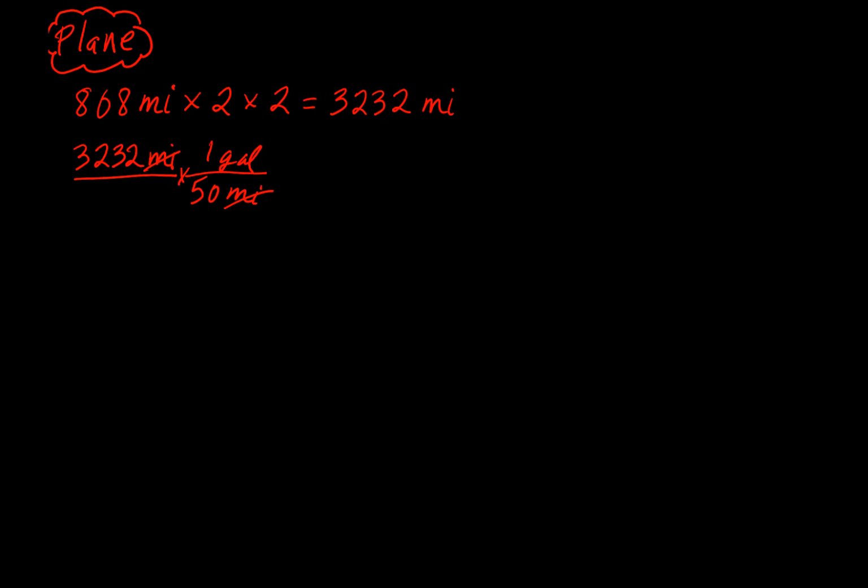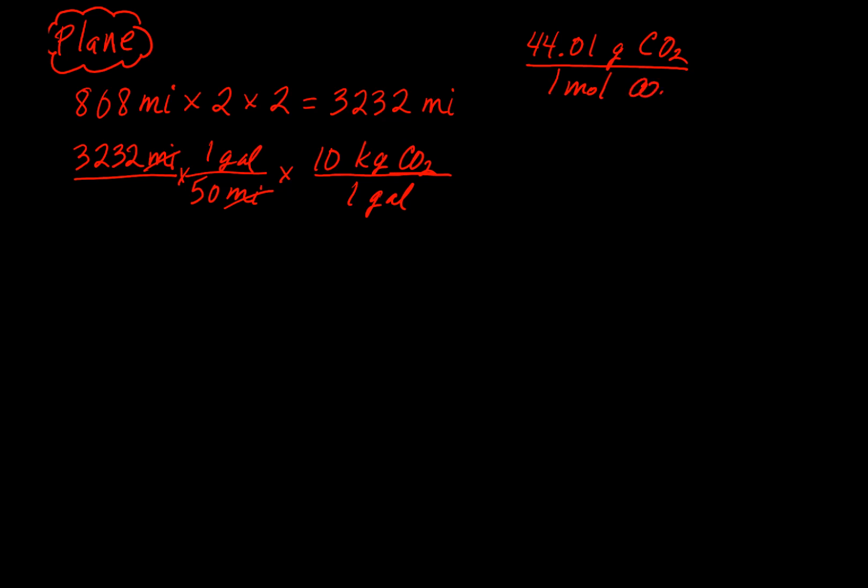Another piece of information you're given for the plane is that burning the jet fuel in the plane emits 10 kilograms of CO2 per gallon of jet fuel burned. The other information you have is the molar mass of CO2. So you're given that 44.01 grams of CO2 give you 1 mole of CO2.